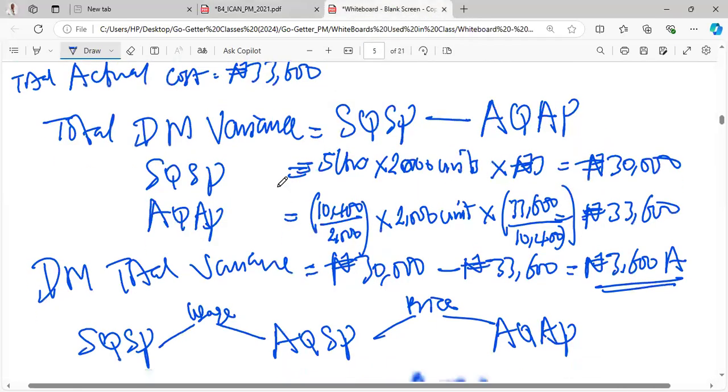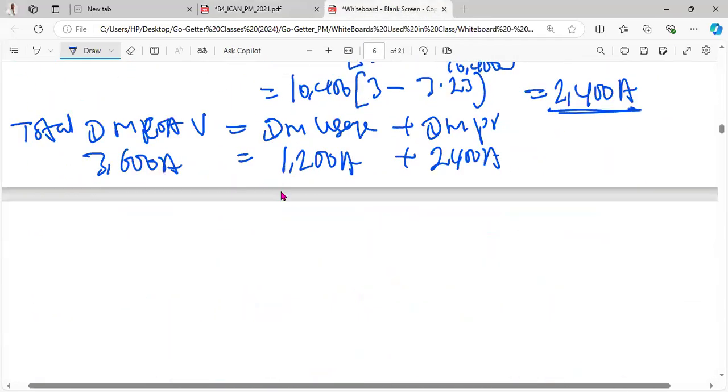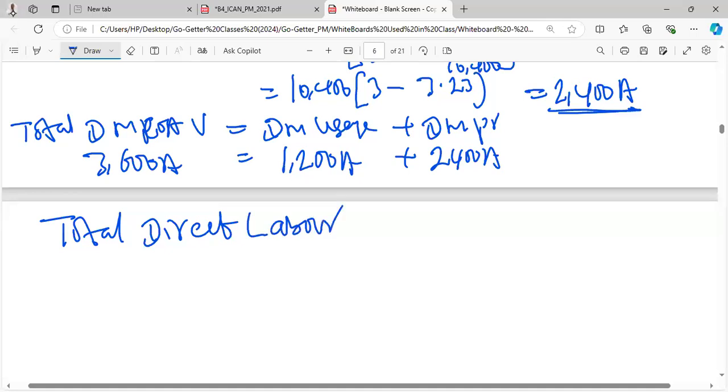Now we'll do something similar for labor. So I will write total direct labor cost variance.